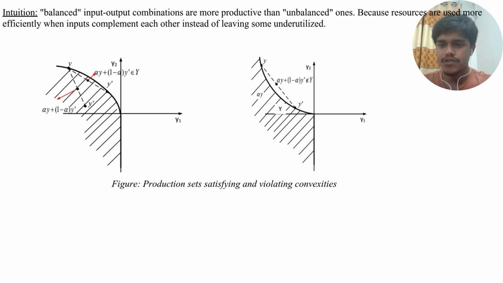This means the combination is not actually possible, so this production set in my right diagram is not convex. That usually happens due to things like fixed costs or indivisibilities, where you can't combine plans smoothly because of technical or cost-based restrictions.